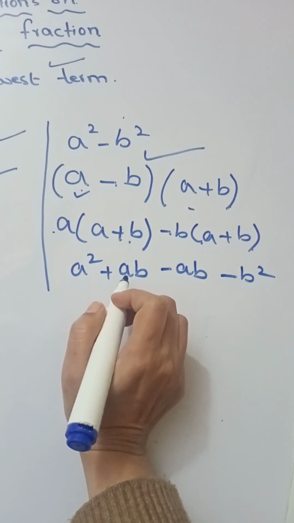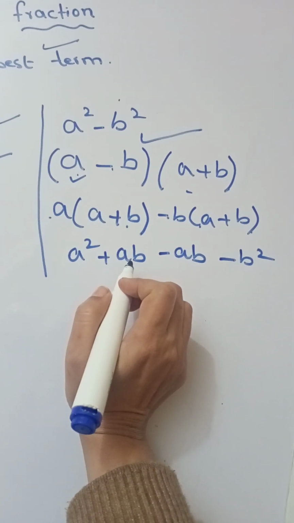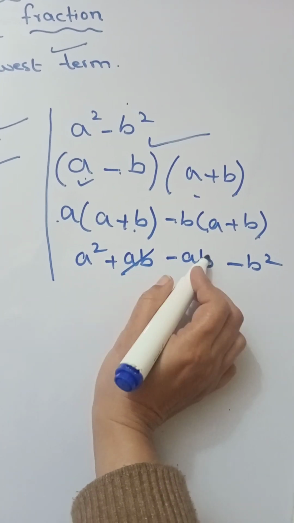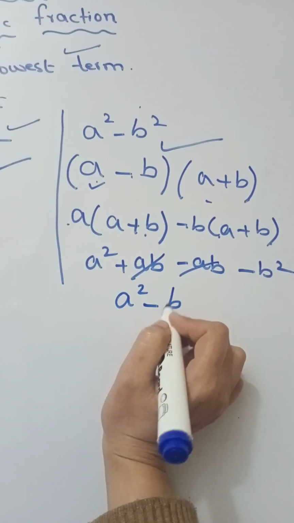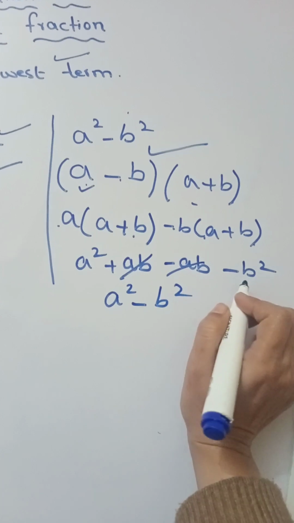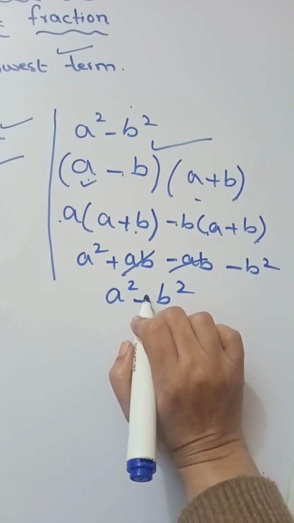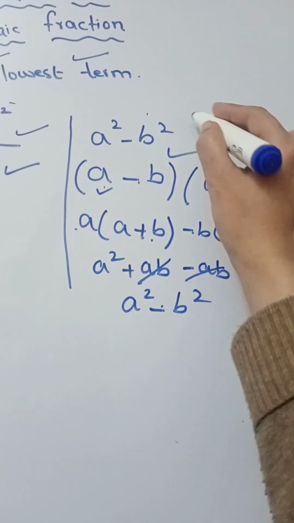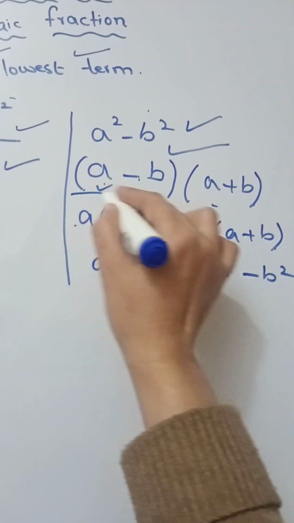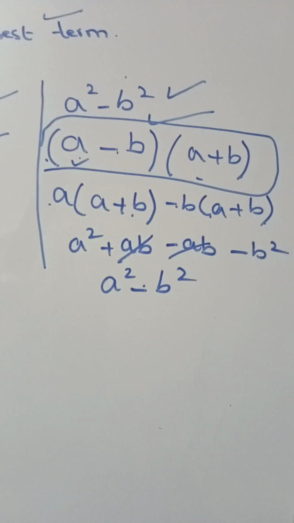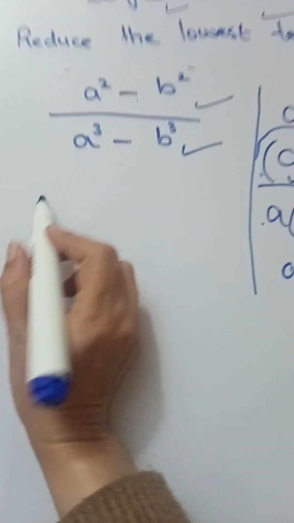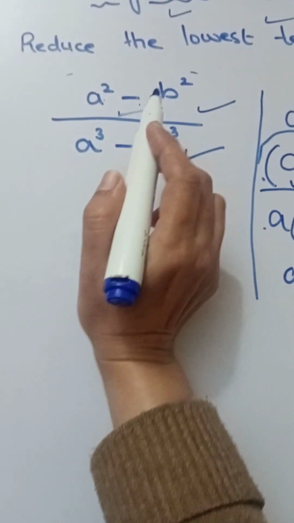As we know, equal terms having opposite signs must be cancelled. So these terms are cancelled and at last we have this bracket. So this bracket is equal to these two brackets. Now first of all we break it.